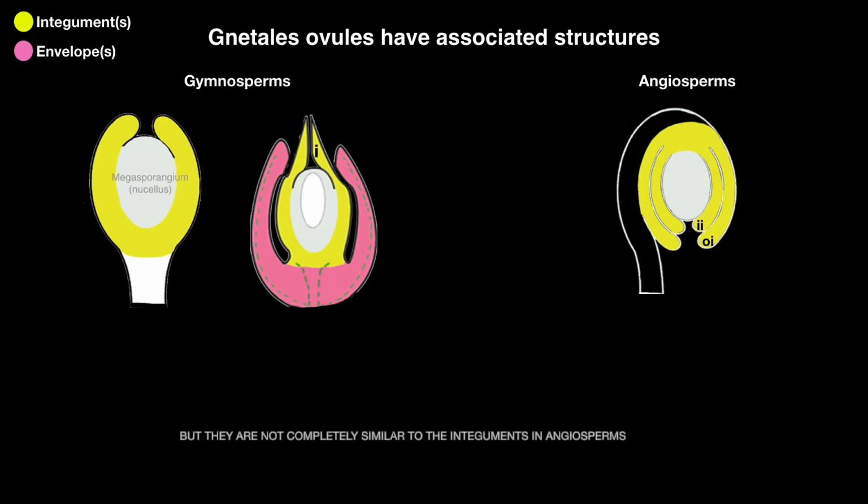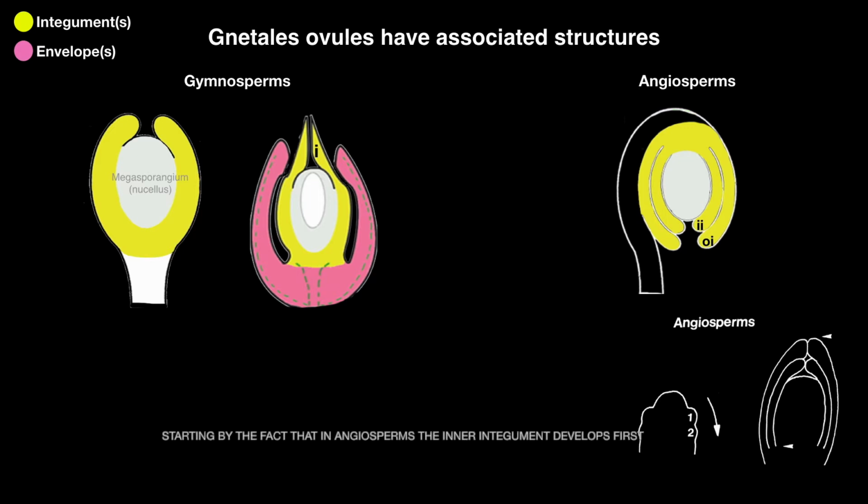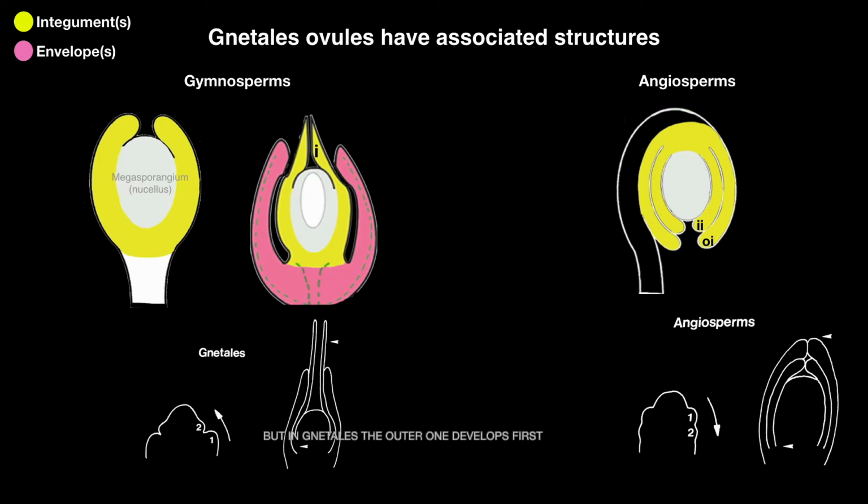But they are not completely similar to the integuments of angiosperms, starting by the fact that in angiosperms, the inner integument develops first and then the outer integument. But in Gnetales, the outer one develops first, and also by several morphological and structural differences.